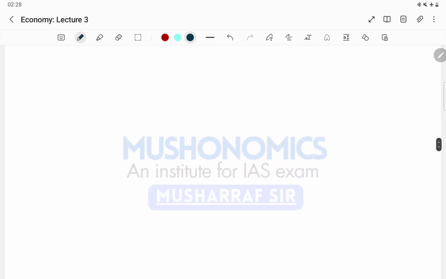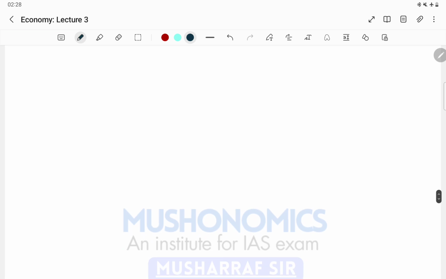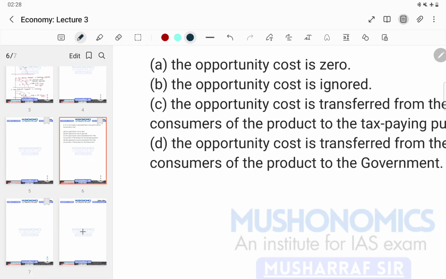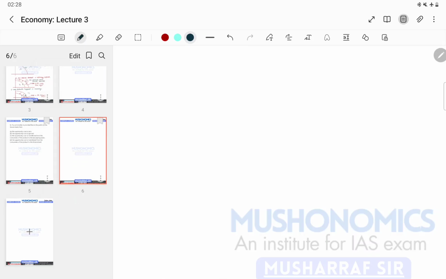Now we have a question that was asked in the UPSC 2018 prelims exam. Let's solve this question on the given knowledge, or whatever we have studied, we can solve the question here.